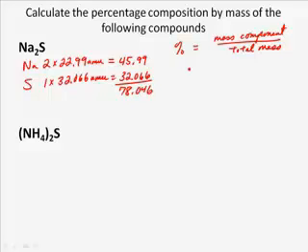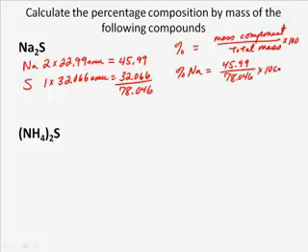78.046. So for this compound, the percent sodium, and I forgot this is going to be a percent, so we're going to do times 100 up here, but percent sodium is going to be 45.99 divided by my total times 100, and that's going to give me 58.9%.